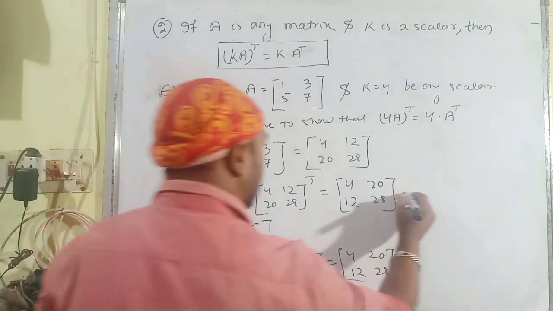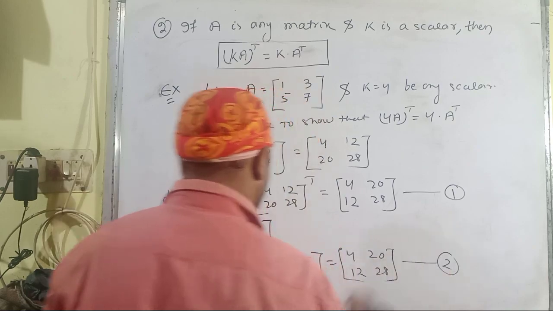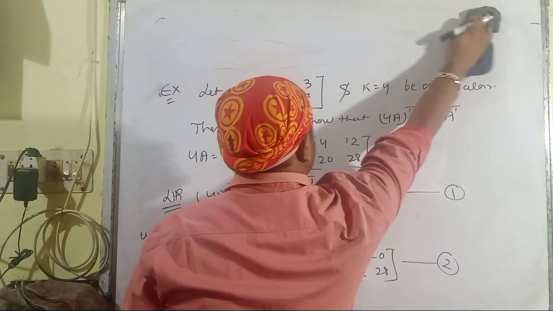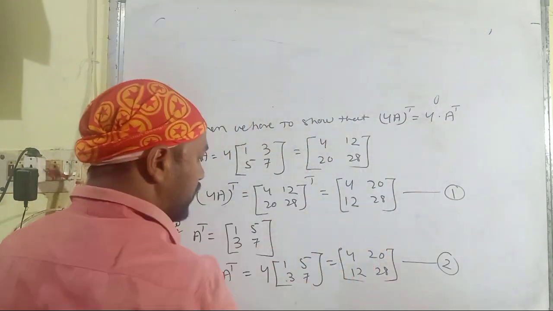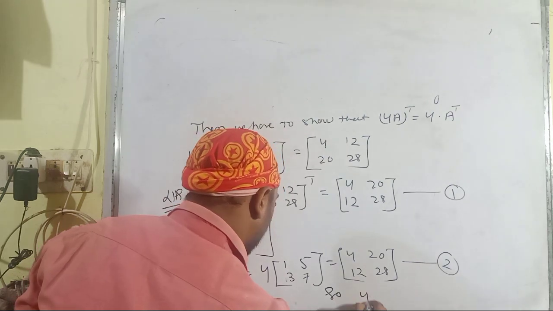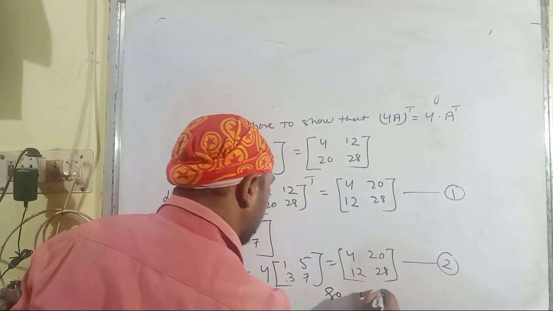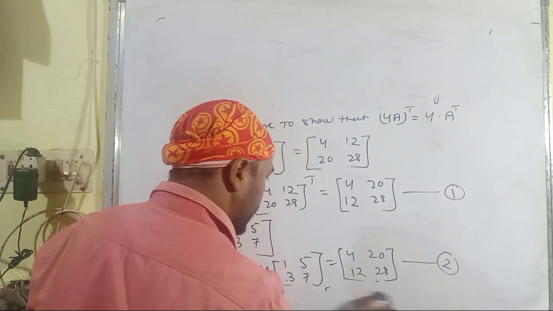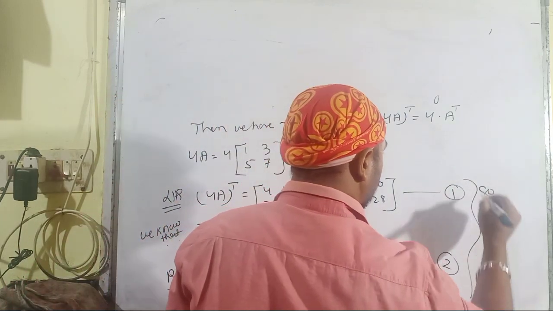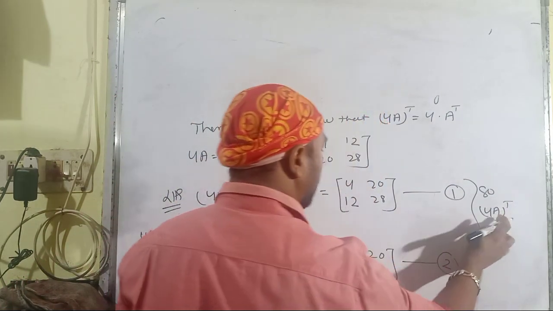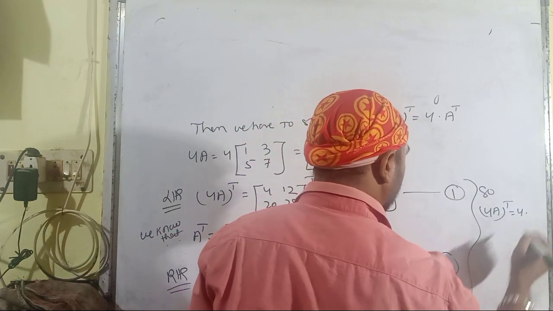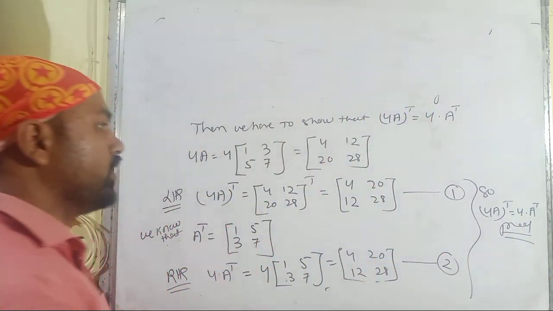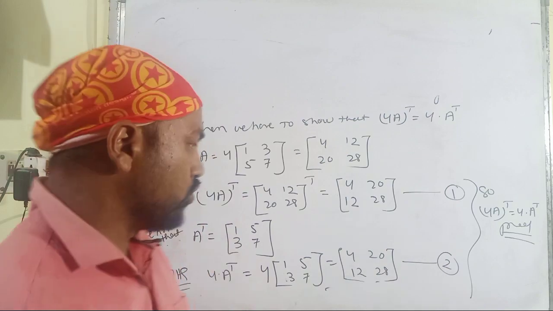From the left hand side and the right hand side, we can write that the transpose of 4 multiplied with A is equal to 4 multiplied with the transpose of A, and this is property 2. Then moving towards property number 3.